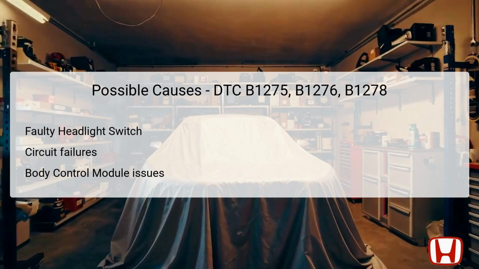Another significant factor could be issues within the body control module, which may malfunction. If the BCM can't accurately read inputs from the headlight switch, it will log DTCs indicating various circuit malfunctions. Proper diagnostic procedures must be followed to identify the exact cause.